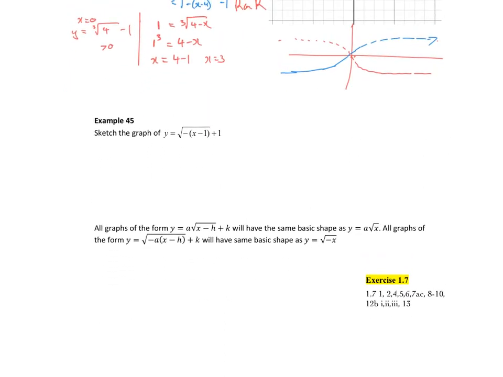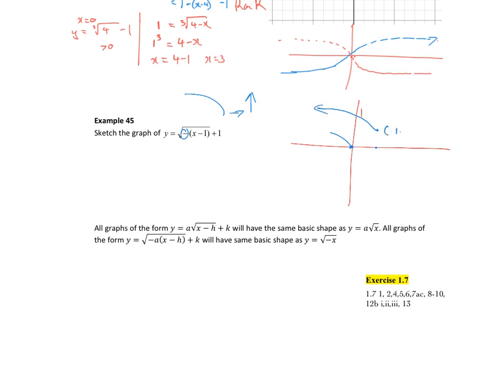Back to a square root graph. So we're meant to do our own axes. Again, what's happening? Coefficient of x is already 1. Negative on the inside means we're reflecting it back out that way. 1 unit to the right, 1 unit up. So it's pretty straightforward, isn't it? So that's our starting point with reflecting in the other direction. We'll go right 1, we'll go up 1, and then we'll just draw our half a parabola.